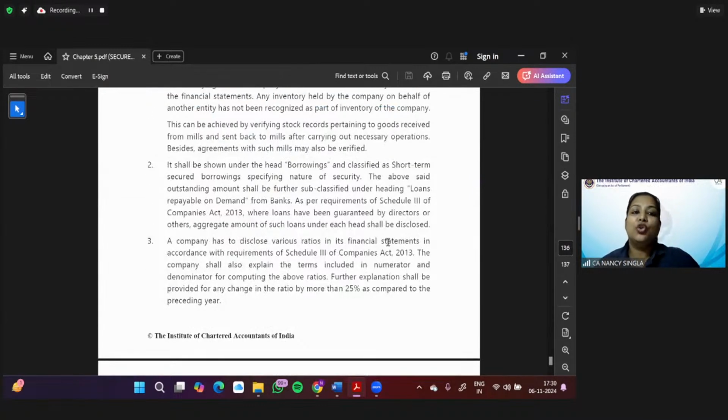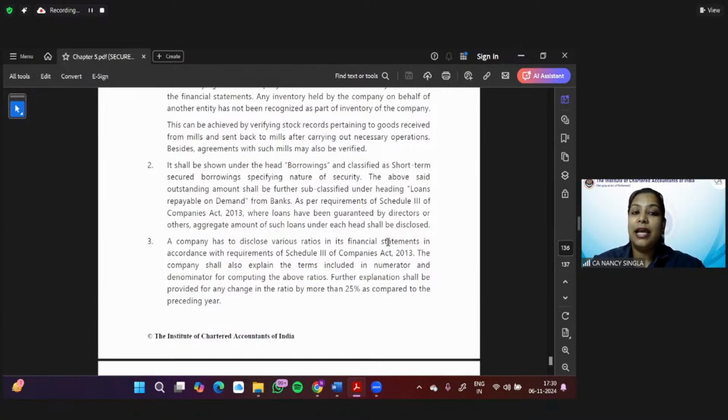So it shall be shown under the head borrowings and classified as short-term secured borrowings specifying nature of security. The above said outstanding amount shall be further subclassified under heading loans repayable on demand from banks. And as per requirements of Schedule 3 of Companies Act 2013, where loans have been guaranteed by directors or others, aggregate amount of such loans under each head shall also be disclosed. So see, you have to read the question in entirety.